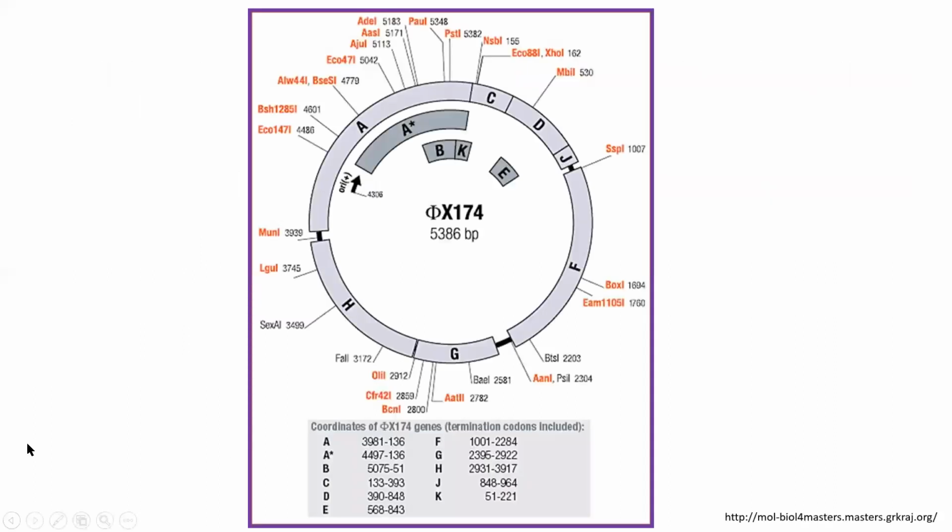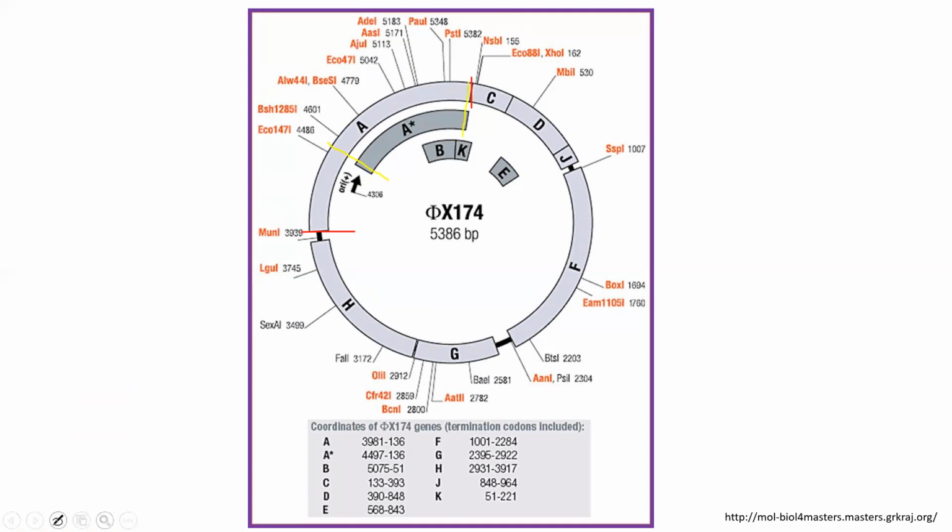So you can see here, this is gene A. It starts from here and ends here. And then the gene A star is within gene A. The gene A star starts here and ends at the same point.